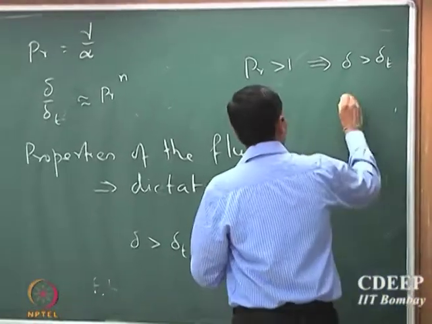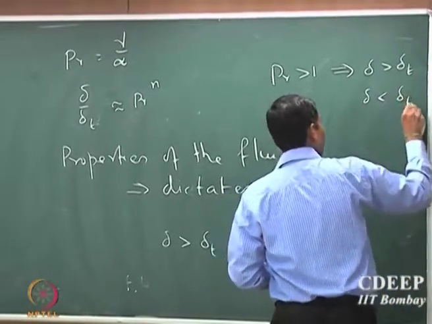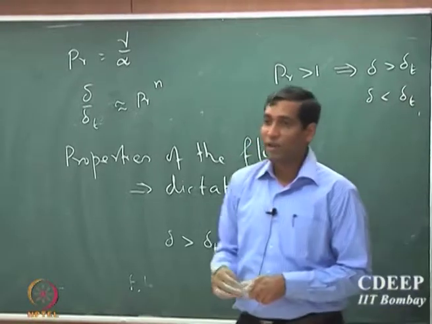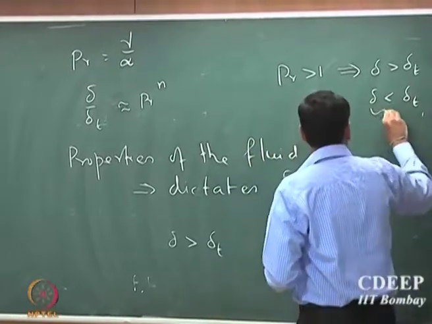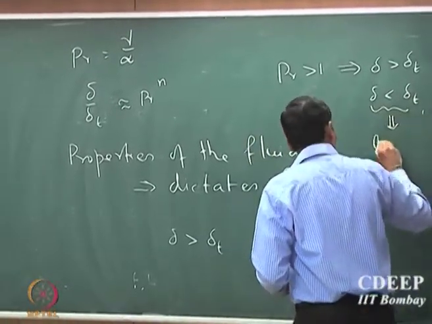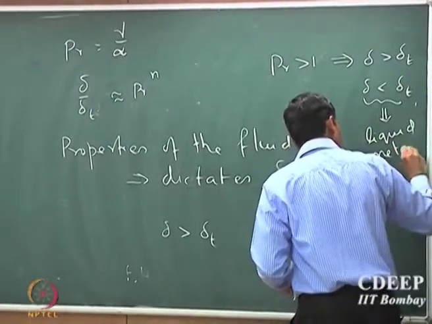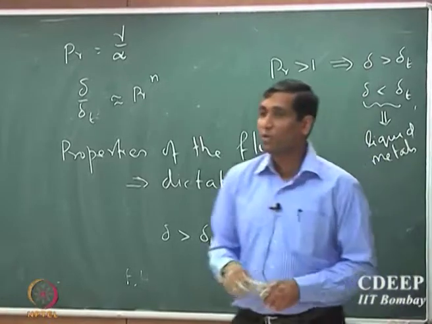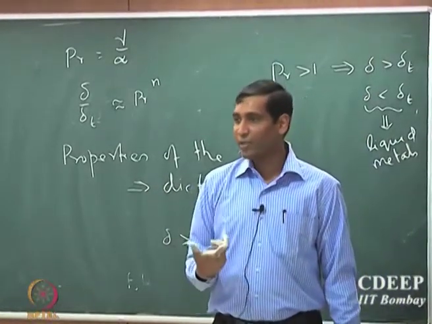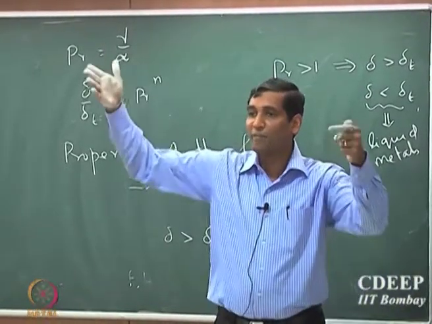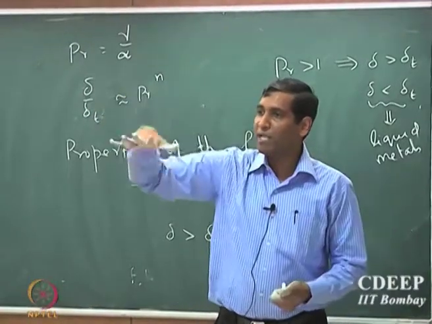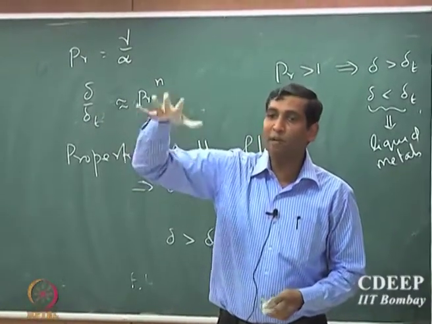Now suppose delta is less than delta t, in fact there are situations where this is the case. This is true for liquid metals. The place where it is used is, the way aluminium is extracted is you have a very high temperature process where the aluminium is actually manufactured in a molten state.